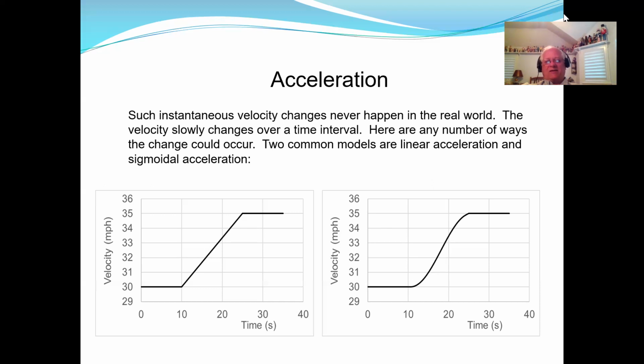Having said that, doing sigmoidal type plots like this, instead of writing the equation for a line, I would use a sine or cosine function to describe the velocity. And I also would use a sine or cosine function to describe the acceleration, because again, the acceleration is the time derivative of velocity. So if velocity has a sine or cosine form, then the acceleration will too, by taking the derivatives.